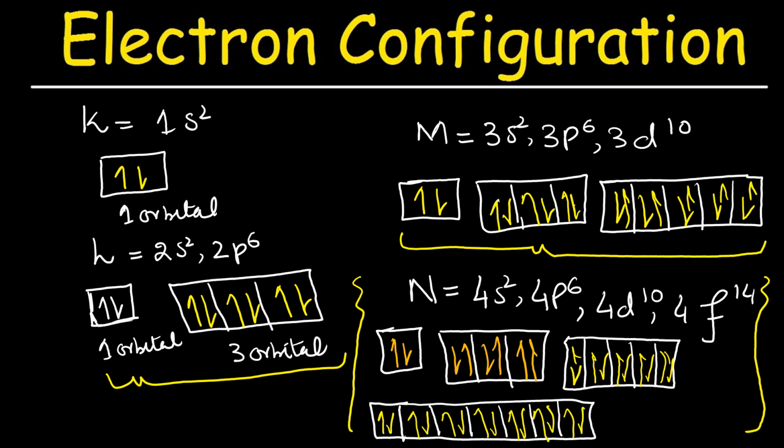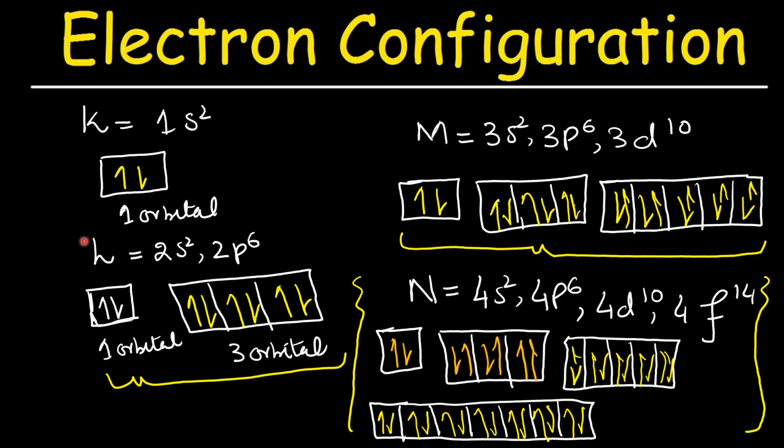So if I conclude, dear student, the K shell has only one subshell, and that subshell is known as the 1s2 subshell. The s subshell has the ability to accommodate two electrons, and because every orbital has the ability to accommodate two electrons, there will be only one orbital in the s subshell.